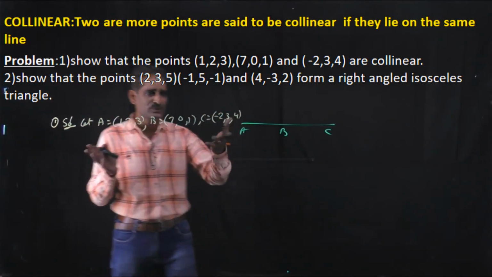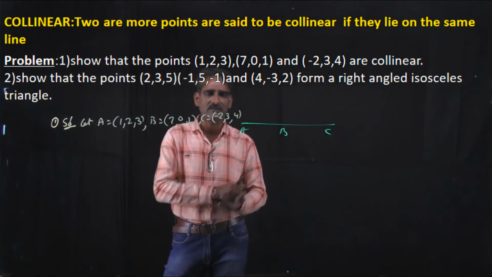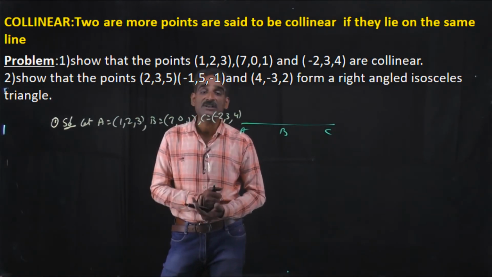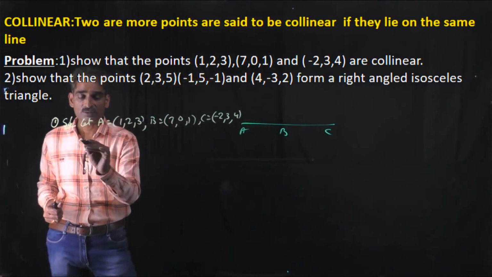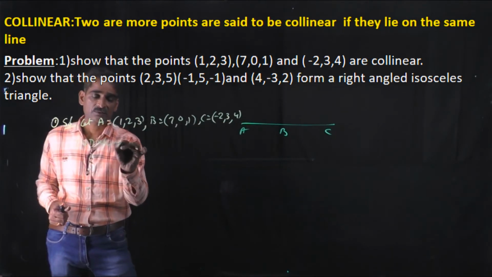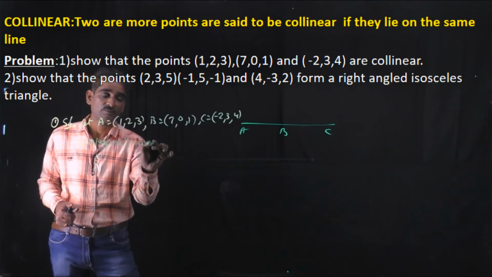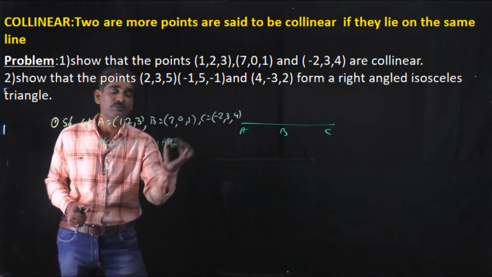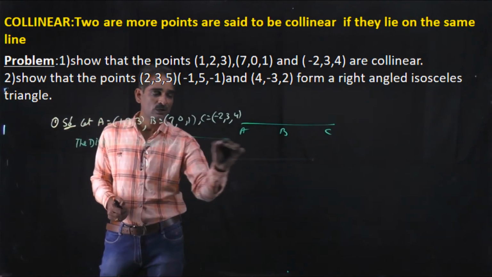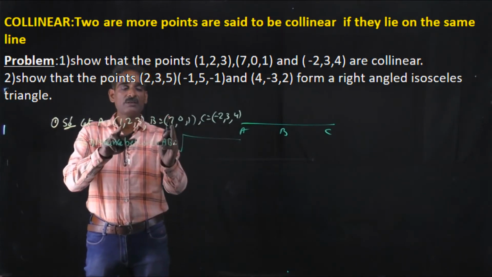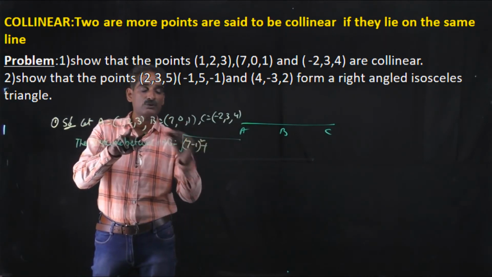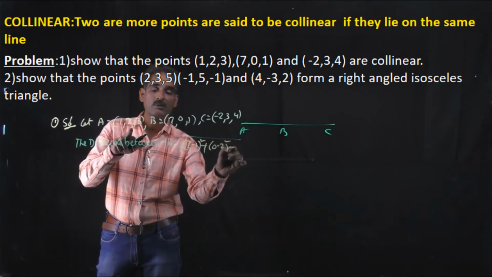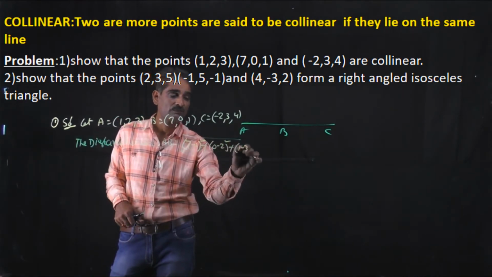We don't know the exact positions of the points on the line, so just find the distances. The distance between A and B, that means AB, is equal to the square root of (x2 minus x1) whole square, (7 minus 1) whole square, plus (0 minus 2) whole square plus (1 minus 3) whole square.